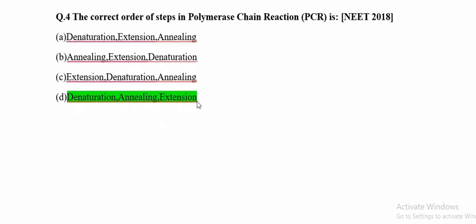What happens? The DNA actually used in the PCR is a double helical DNA. The double helical DNA is like this, and when that DNA is introduced in a PCR, this helical DNA is heated, and due to this heat, the DNA becomes denatured.